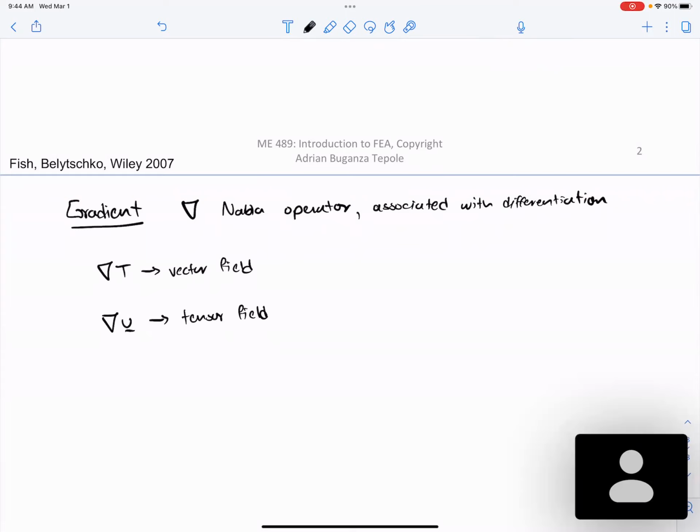What does it look like in particular? So what is the gradient of T? Let's define that as q. It's going to be a vector field made out of the partial derivative of T with respect to x and the partial derivative of T with respect to y.